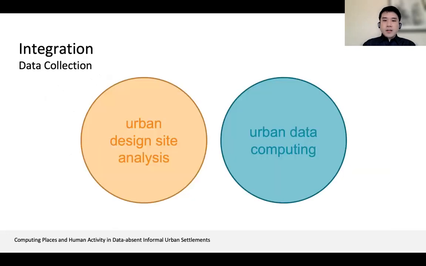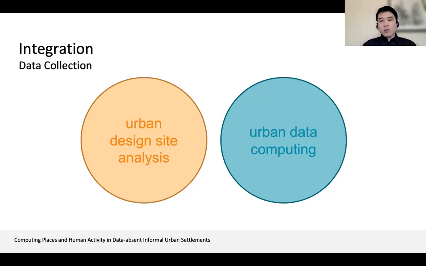And the data collection in this project comes from two sources. One is the digital model that is created by the designers. We have a team of architects and planners who are working on the 2D drawings and the 3D spatial models from the architectural perspective.